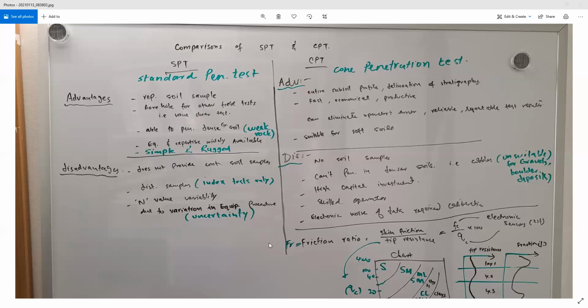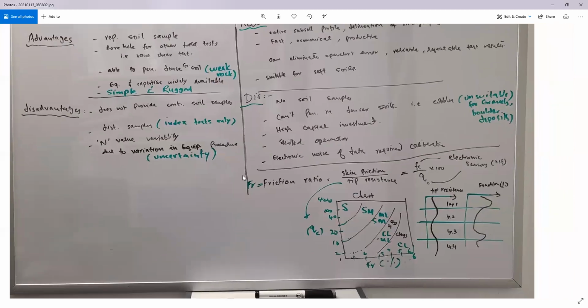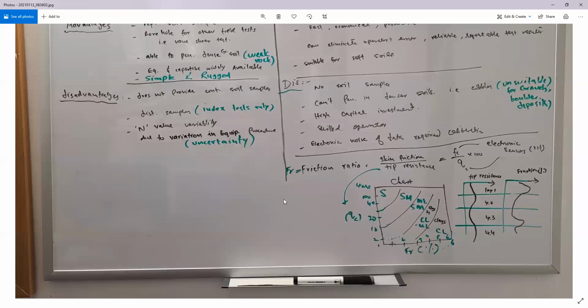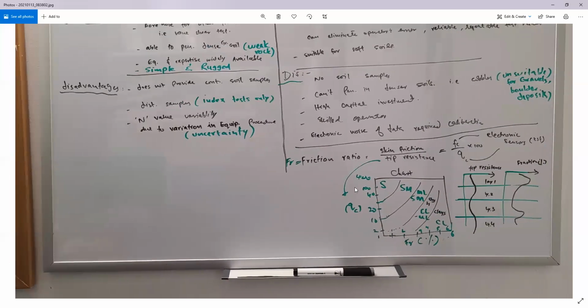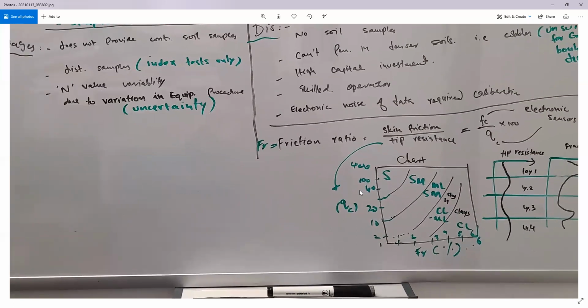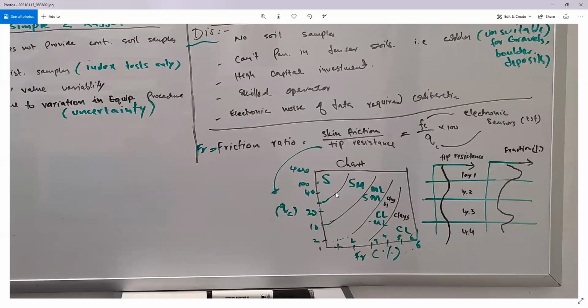That was about the comparison, but there is a formula that we use for the most part for the CPT. The formula is friction ratio, which is a ratio between the skin friction and the tip resistance.